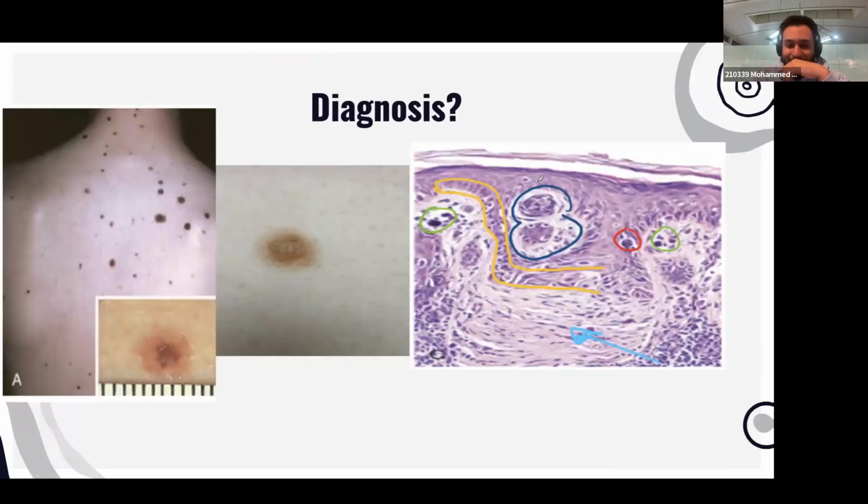So going through the nevi. This one. This is a dysplastic nevus. Good. Okay. What's the mode of inheritance of this dysplastic nevus? Autosomal dominant. Good.